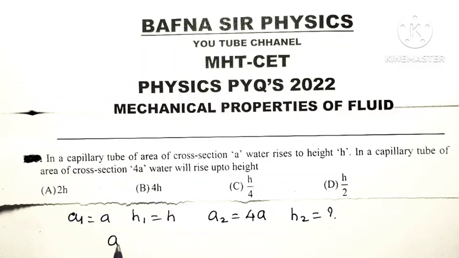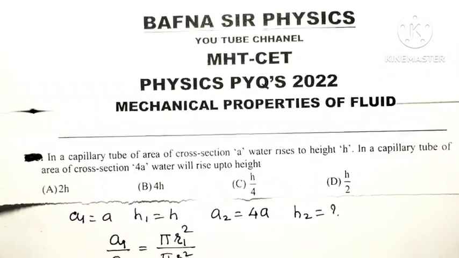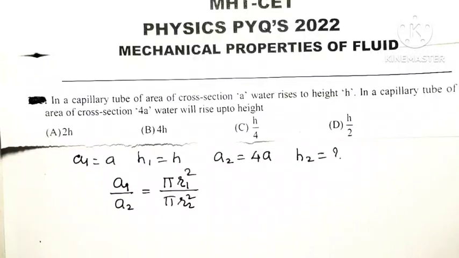Now, the ratio of areas of cross section of the capillary tubes, A1 upon A2. What is the area of cross section? It is pi R1 square upon pi R2 square. But we are given A1 is A and A2 is 4A. So A by 4A must be equal to pi R1 square upon pi R2 square.